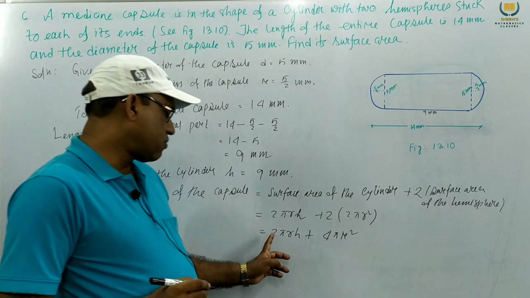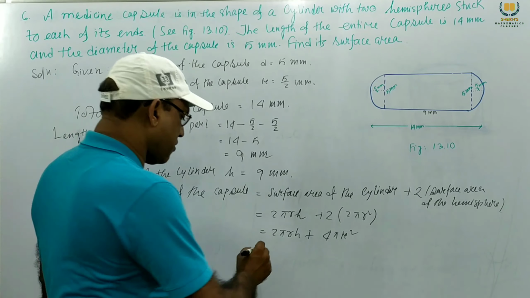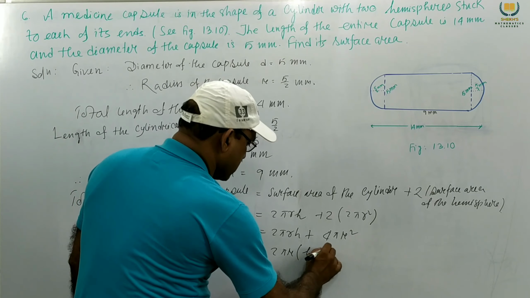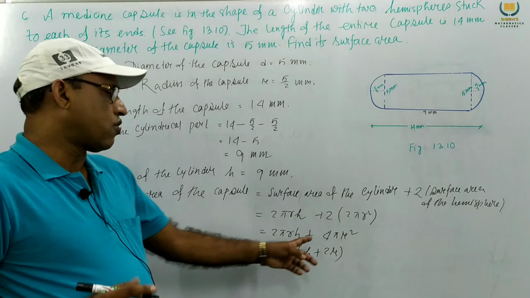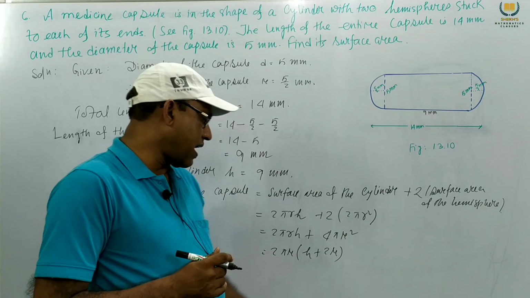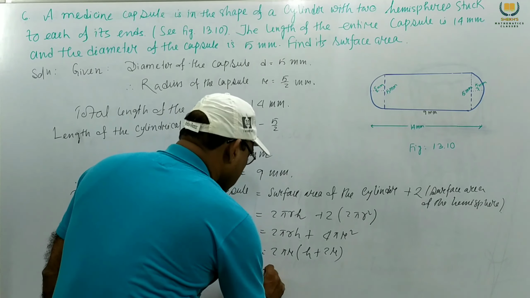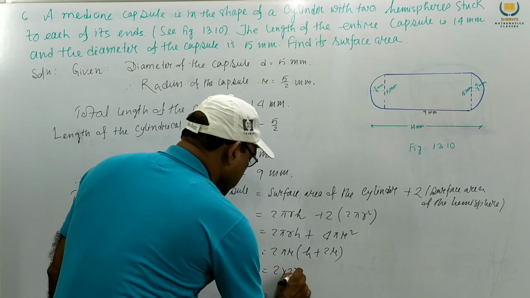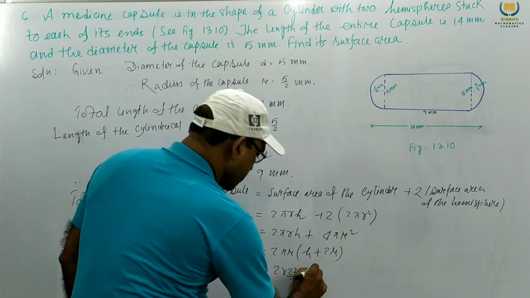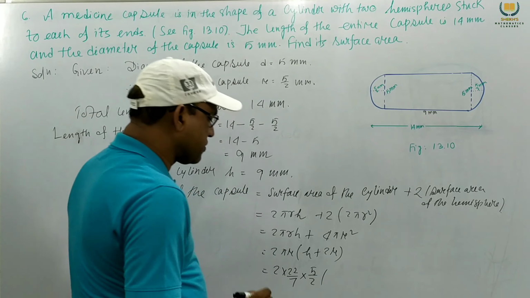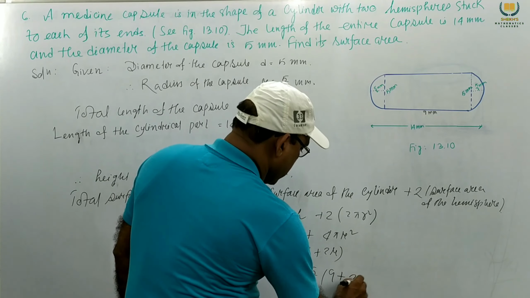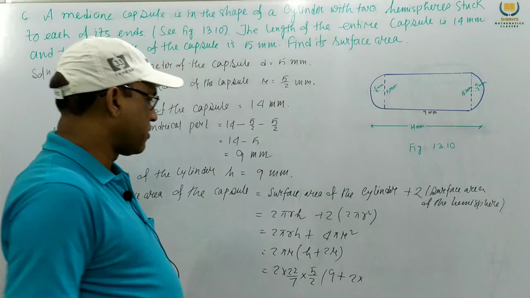So from this 2 pi r common, then we get h plus 2r. 4 means 2 into 2, 2 is common, another 2 we have, and r square, r common, then we get r. So putting the values, 2 pi means 22 by 7, r means 5 by 2. H means 9 and 2 into r means 5 by 2.